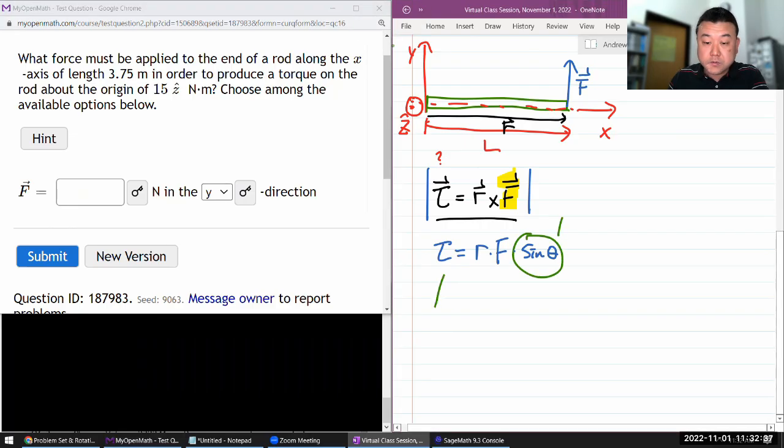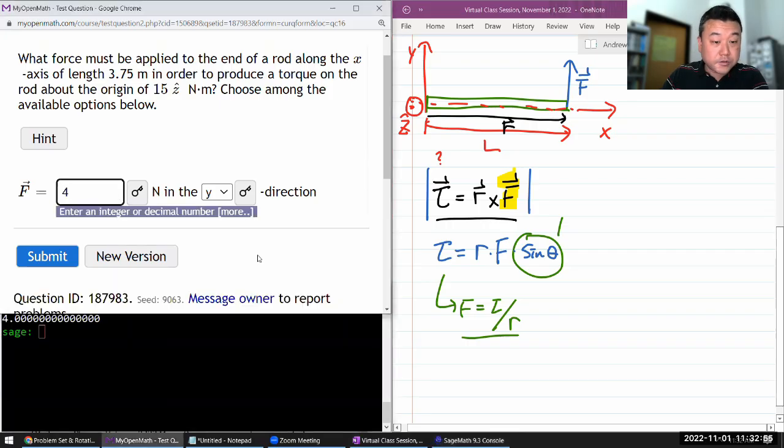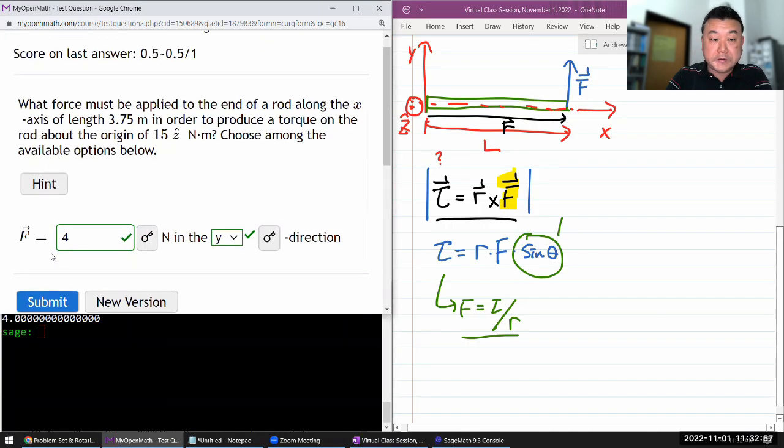So my force will simply be the amount of torque divided by the magnitude of the displacement vector. So 15 divided by 3.75. Yeah, and you see meters cancel out and you get newtons back. So 4 newtons in that direction.